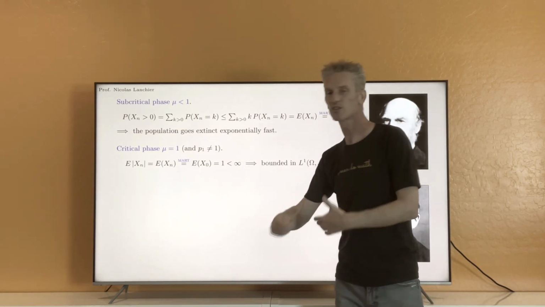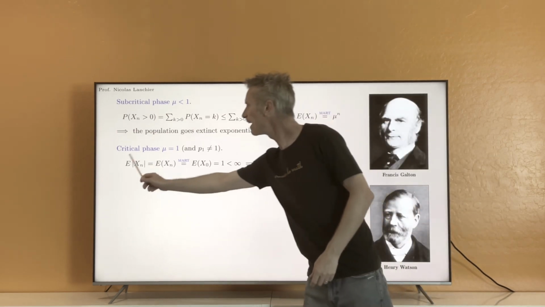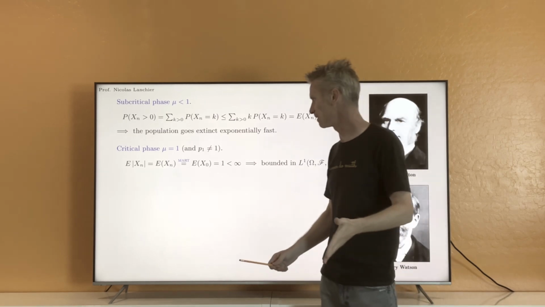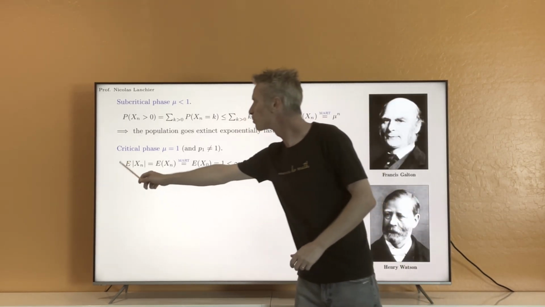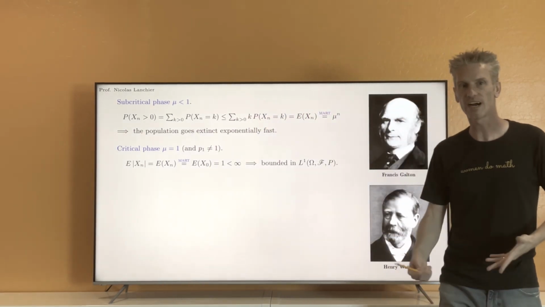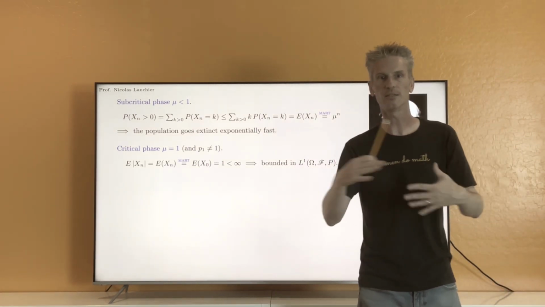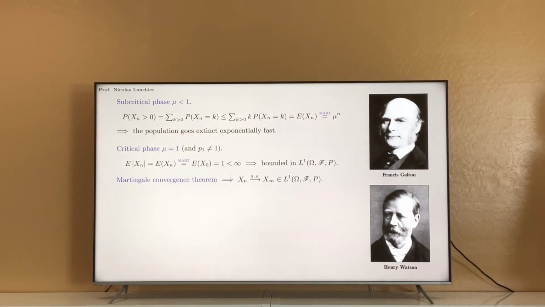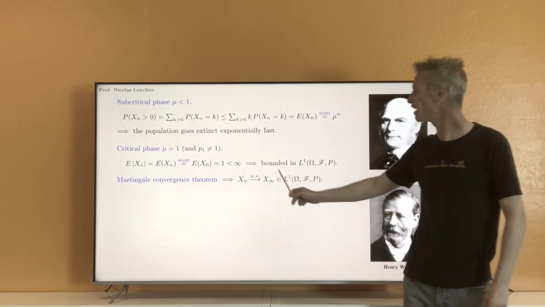But if you assume more generally that X0 can be whatever, as long as it's finite, then you get a uniform bound for the L1 norm of Xn. Okay? This is finite, so even if you take the supremum it is still equal to the expected value of X0, which is finite, and so the process is bounded in L1. So we have our assumption for the martingale convergence theorem. And then from that, we can deduce at least that Xn converges almost surely to a random variable that is integrable.